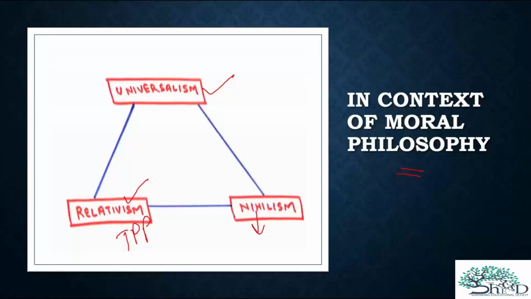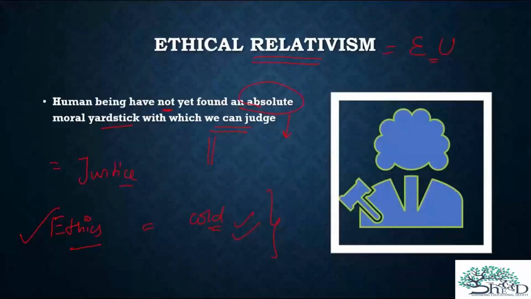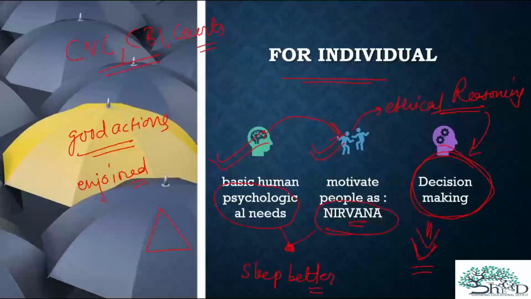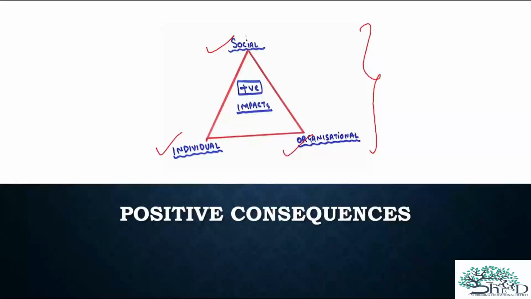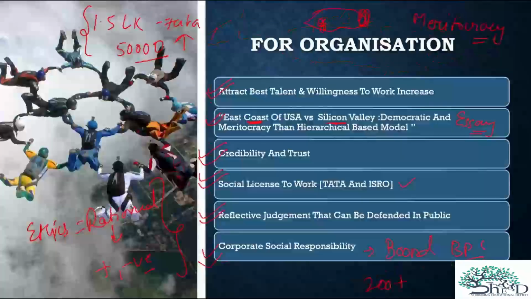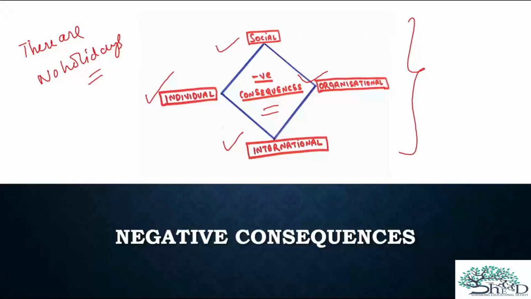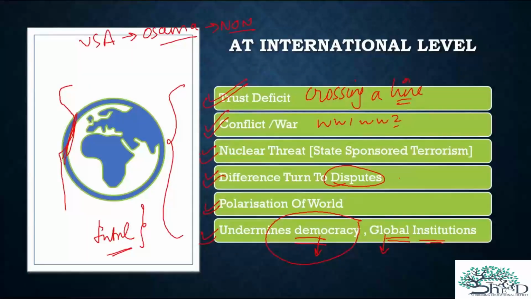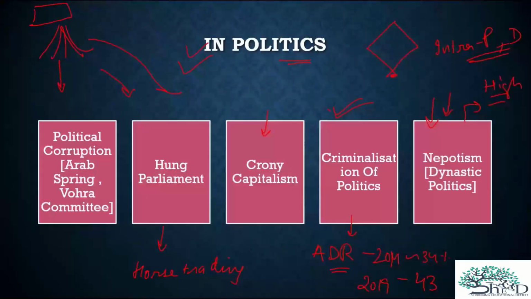Then in moral philosophy we understood that there are three schools of thought: universalism, relativism, criticism of relativism, nihilism. Then we saw consequences of ethics, what happens when you follow and when you don't follow, and we saw it in a structure. Please remember that structure, it will help you recall things: individual, society, organization. Then we saw negative consequences of not following the ethics at the individual, social, organization, international, and political level.